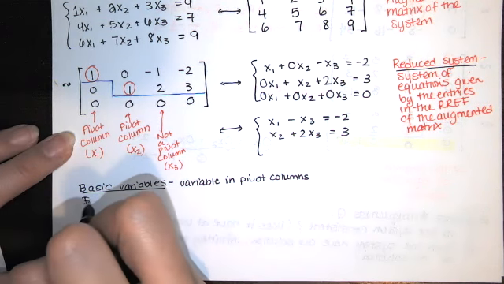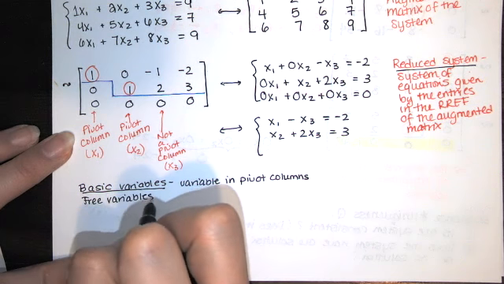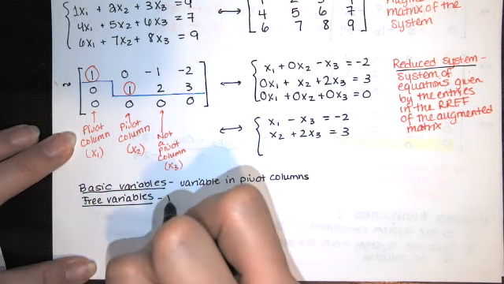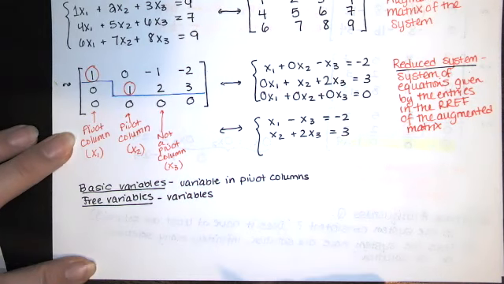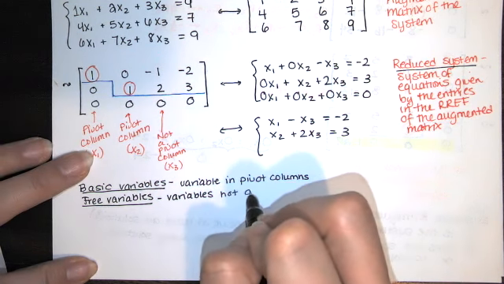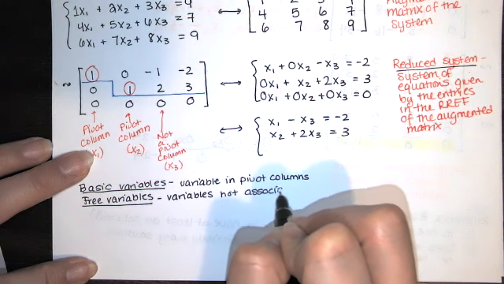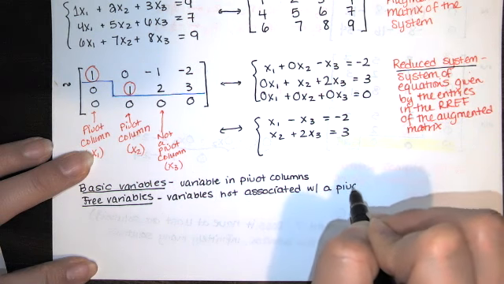And free variables are variables that are not represented by pivot columns, or let's say they're not associated with a pivot column.